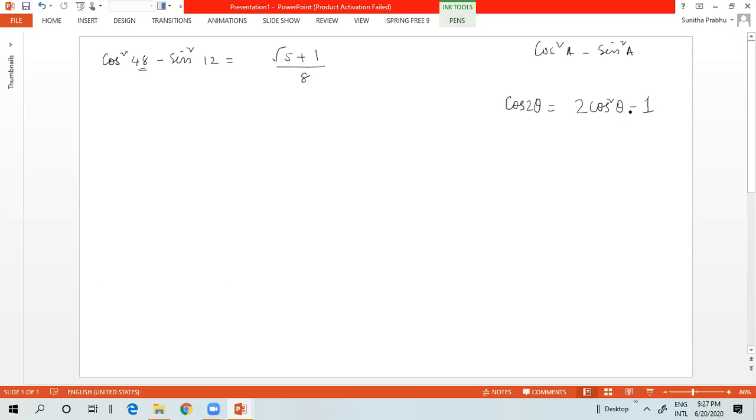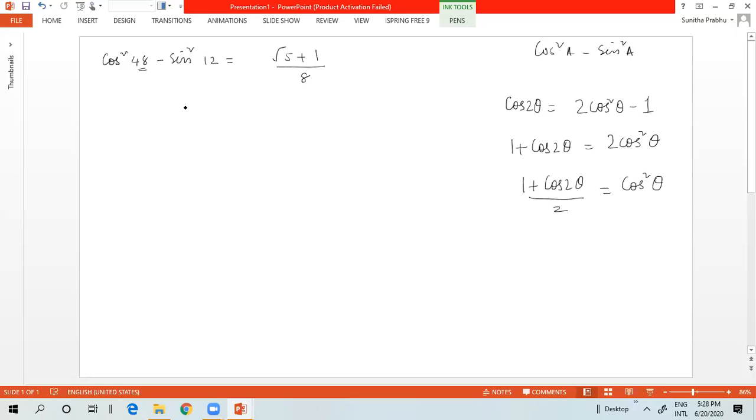So if I get it this side, 1 plus cos 2 theta is equal to 2 cos square theta. Then 1 plus cos 2 theta by 2 is equal to cos square theta. Do you agree?